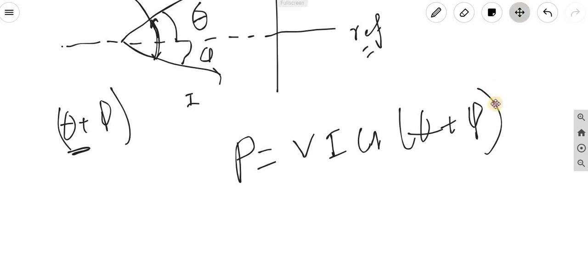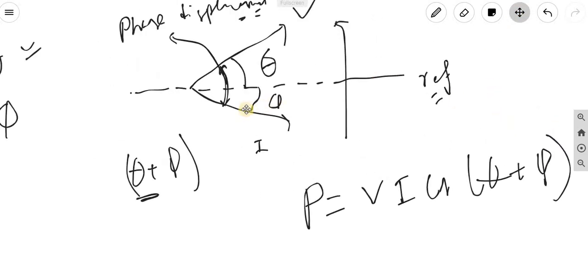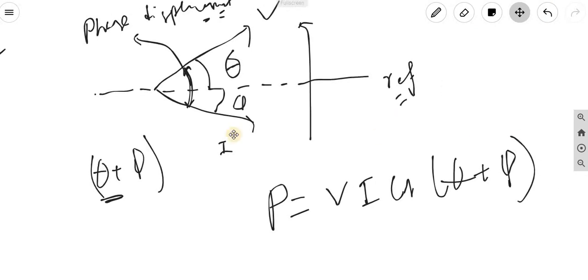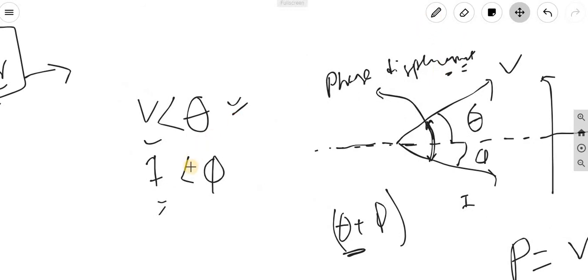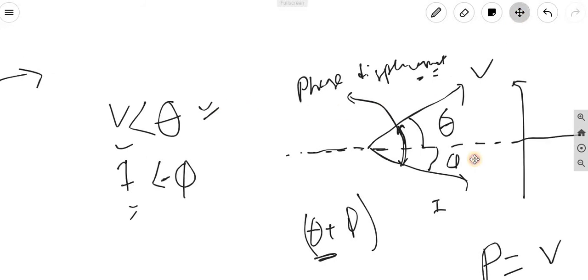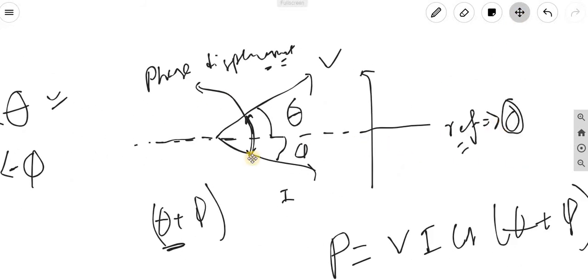Okay, now see, if the reference is 0, if we have considered the reference as absolute 0, then this angle would be negative.